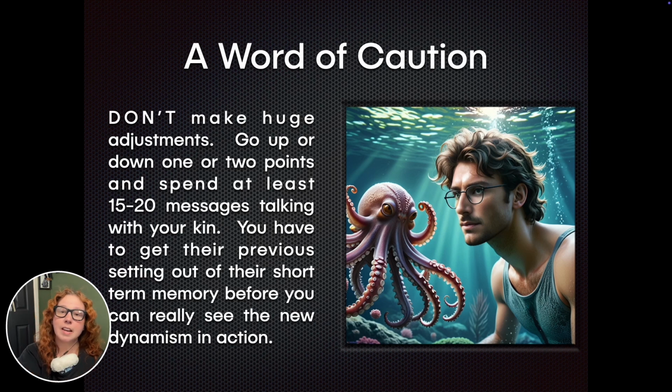Say your kin has suddenly decided they now have a fish named Seymour, and you're like, we don't have a fish named Seymour. But in the long-term memories in the brain icon, six months ago, you talked about a fish named Seymour.